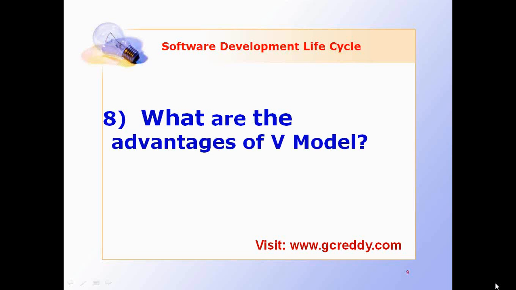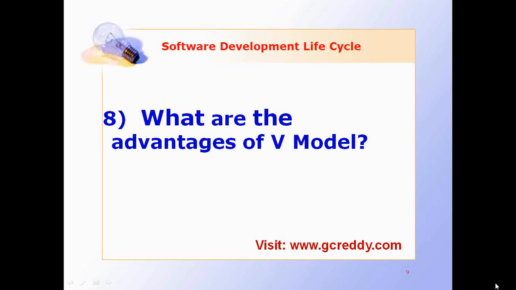Advantages of V model. Tester role will take place in the requirement phase itself. Next, multiple stages of testing available so that defects multiplication can be reduced. Next, third one, can be used for any type of requirements.